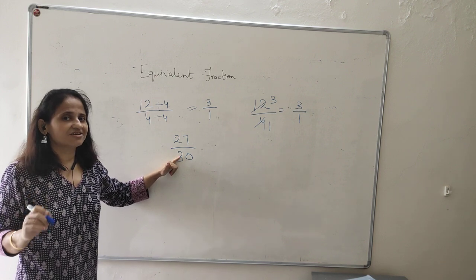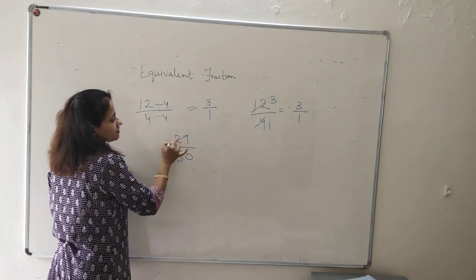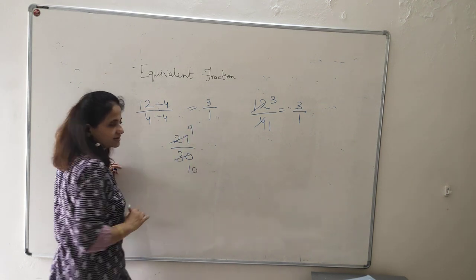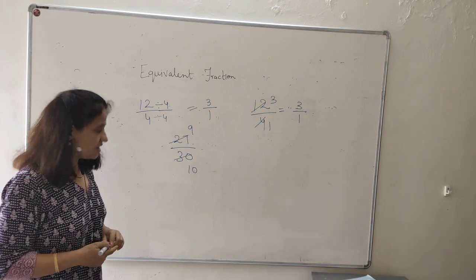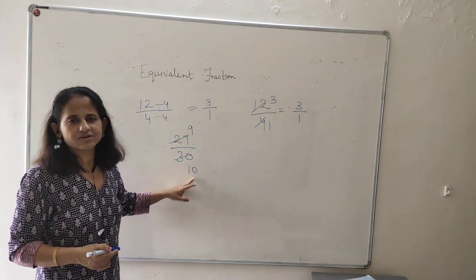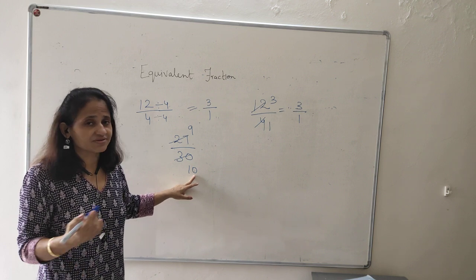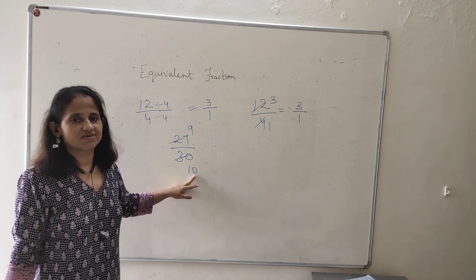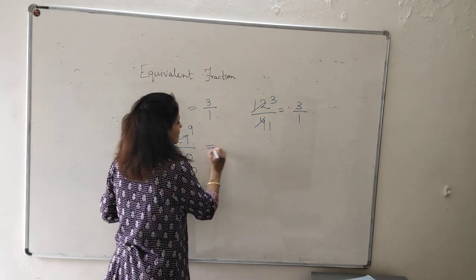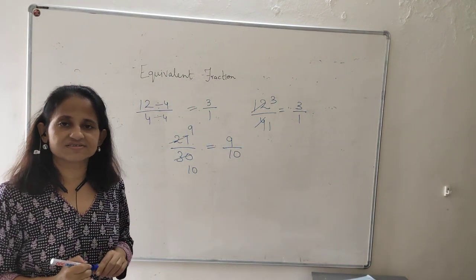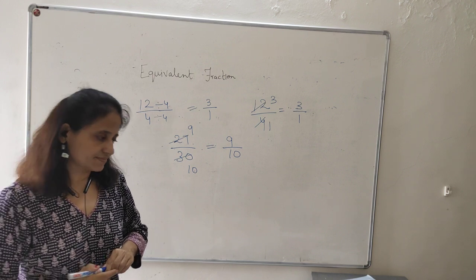Which is the common factor? 3. 3 9s are 27, 3 10s are 30. So 9 upon 10. Now, is there any common factor between 9 and 10? No, there is none. They are consecutive numbers. Consecutive numbers never have common factors. So my answer, the simplest form or the equivalent fraction, is 9 upon 10.